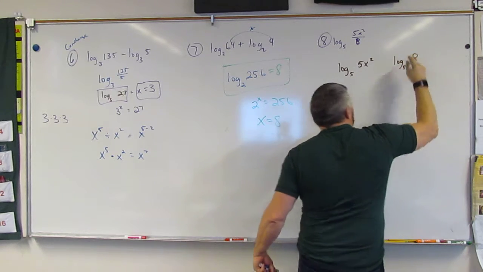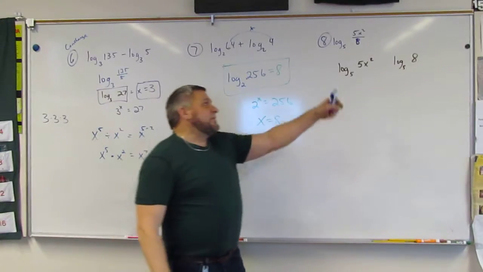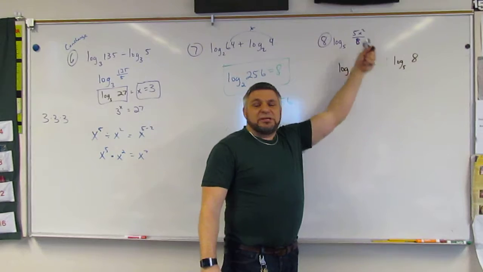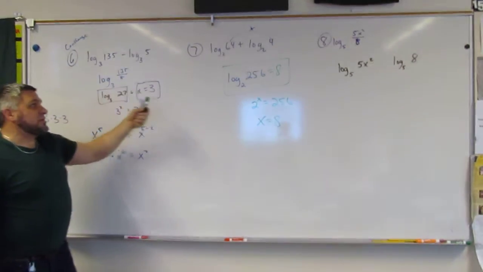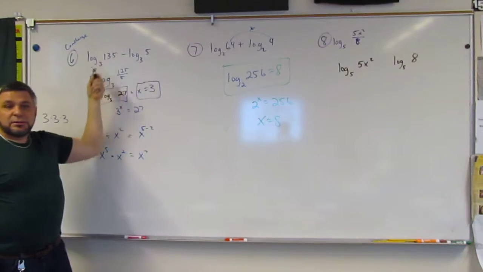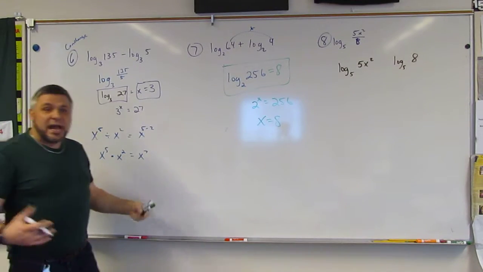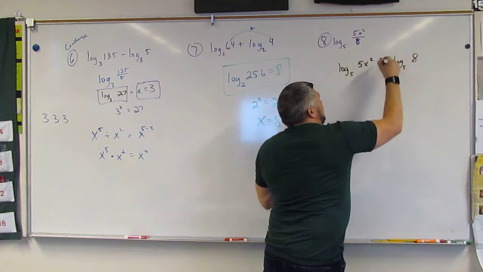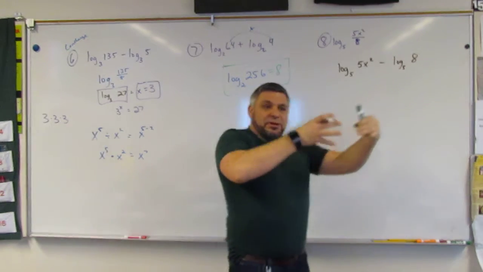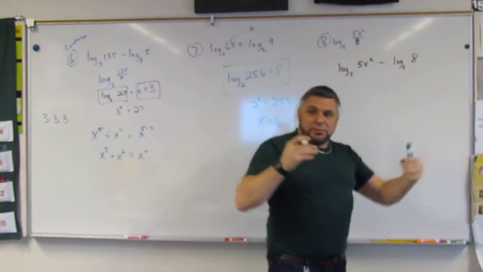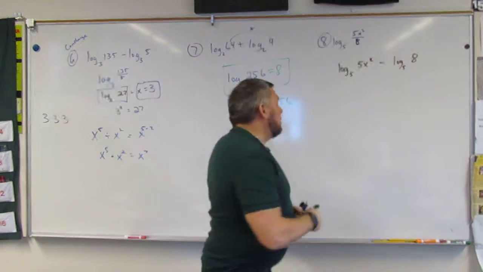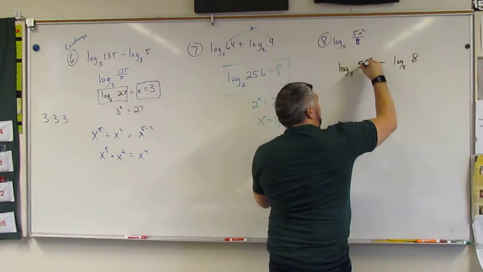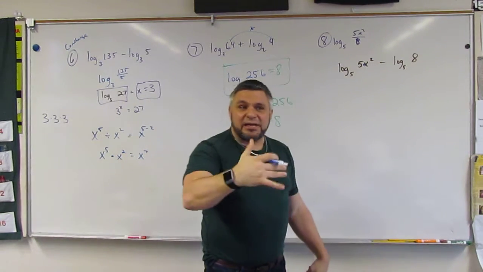But how do we get from division? What did we do to get to division over here? Add or subtract? Subtract. So we're going the opposite direction. See? Now we're pulling it apart. We're using the opposite rules. And then this one's multiplication, right? 5 times x.